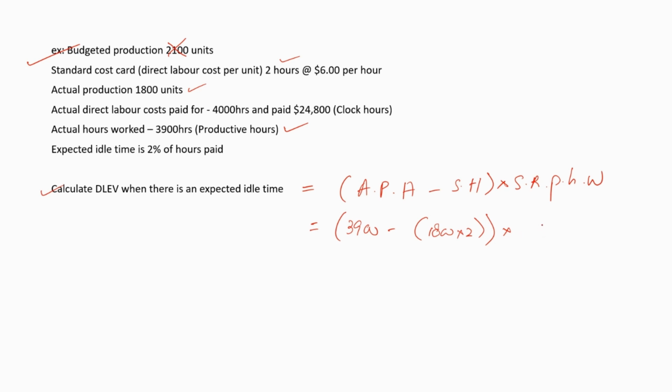This is equal to standard rate divided by the efficiency ratio. They have given us the expected idle time of 2%, so 100% minus 2%. We calculated this figure, which is $6.12 per hour worked. So the direct labor efficiency variance when there is an expected idle time is equal to $1,830. This is a positive value, so this is a favorable value.